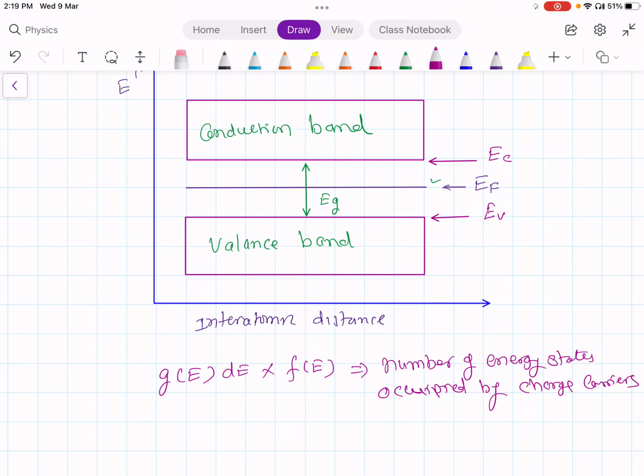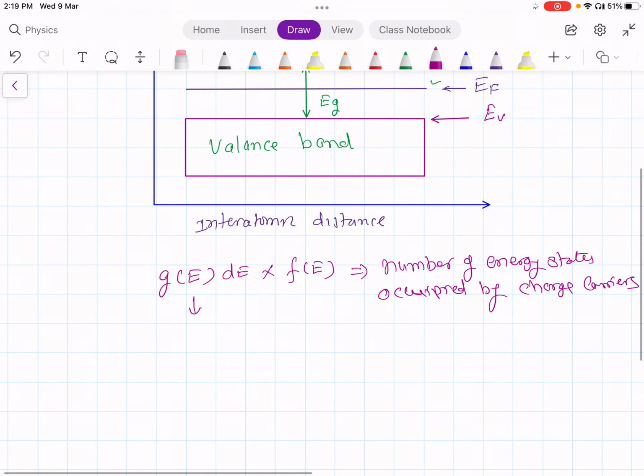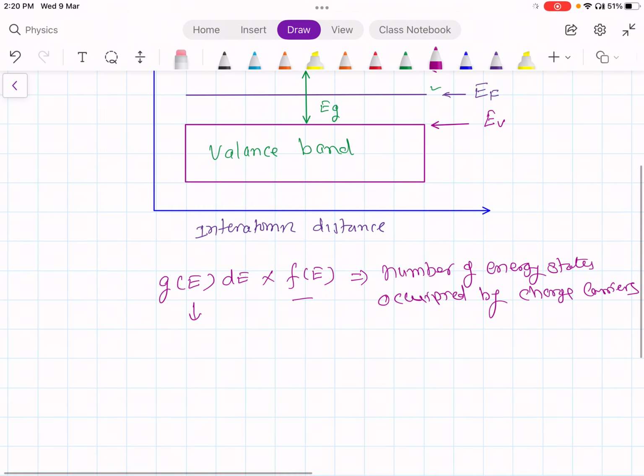But you know that this density of states is nothing but energy states per unit volume in the range E and E plus dE. And whether those states are occupied or not is given by the Fermi function. And the product gives the number of energy states occupied by the charge carriers.